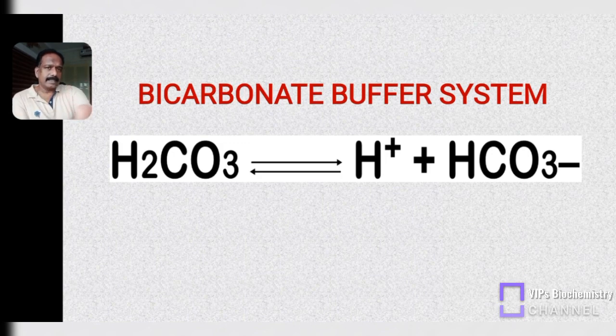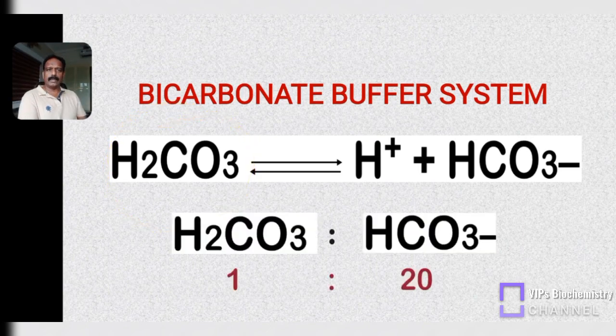And carbonic acid here is the acid component. It's a weak acid. It's an acid because it can release H plus or donate protons. And HCO3 minus, the bicarbonate ion, is the base. It's the conjugate base of carbonic acid because it can accept H plus and become H2CO3 again.